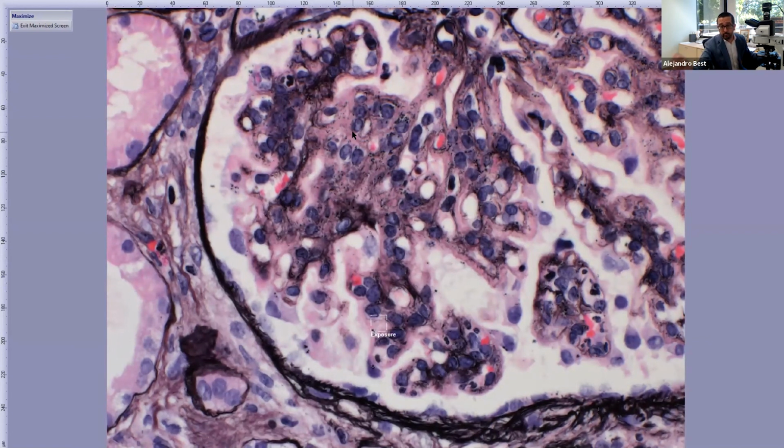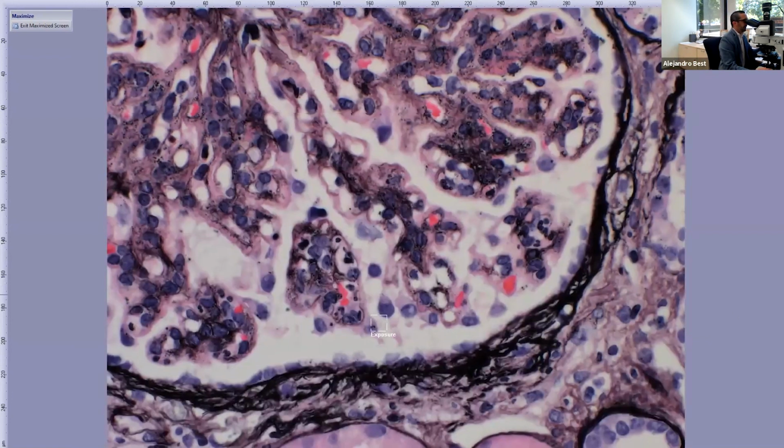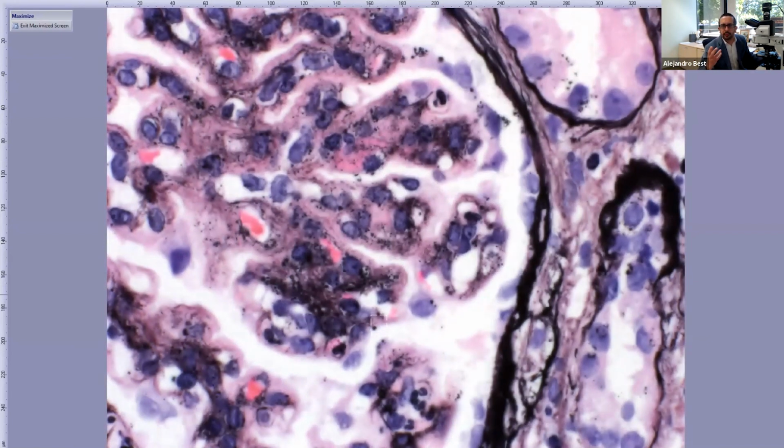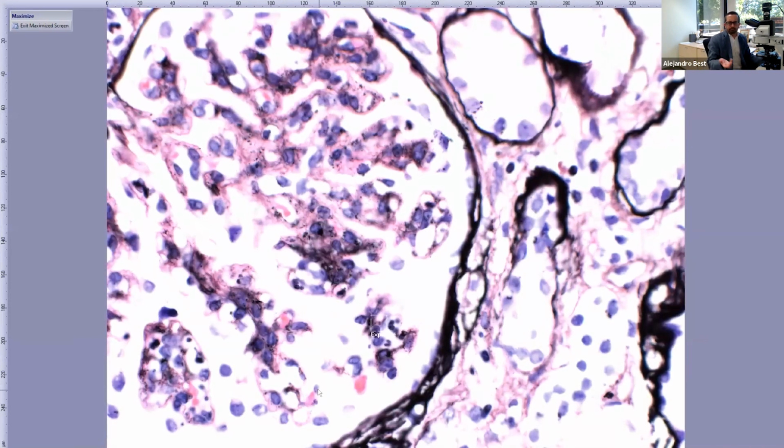We still don't know what it is, or we do because of the theme. But there's something definitely on the mesangium, and there's something definitely on the capillary loops. You see how mottled and irregular and rarefied these loops are. And here you have a nice double contour. And obviously we can appreciate the endocapillary hypercellularity. So it looks fairly similar to the previous case.